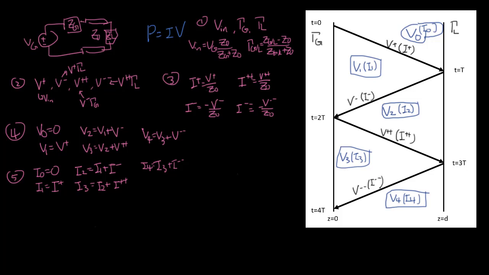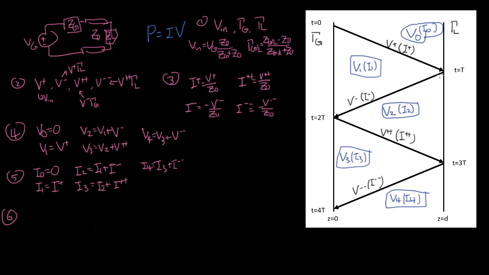But don't forget, next up we are also interested in what the voltage and the current are at the load and the generator. So we want to track the voltage and currents at the load and the generator. Let's do the load first. The values at the load are going to change.